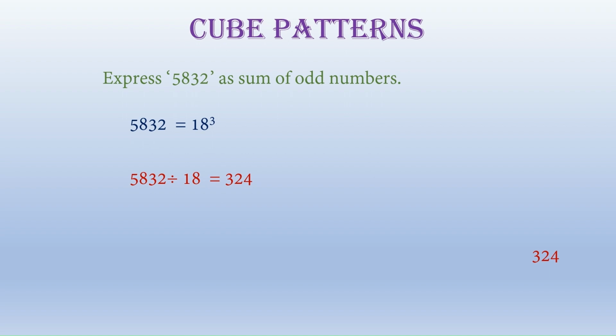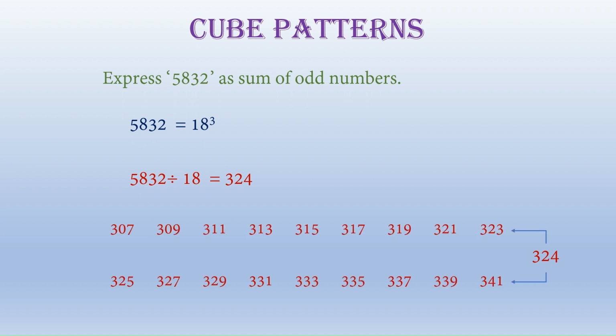And on both sides, we have to consider 9 numbers. So we take on both sides and this is the required list. If we add all these numbers, it gives 5832. So now we have seen how to write any perfect cube as sum of odd numbers.